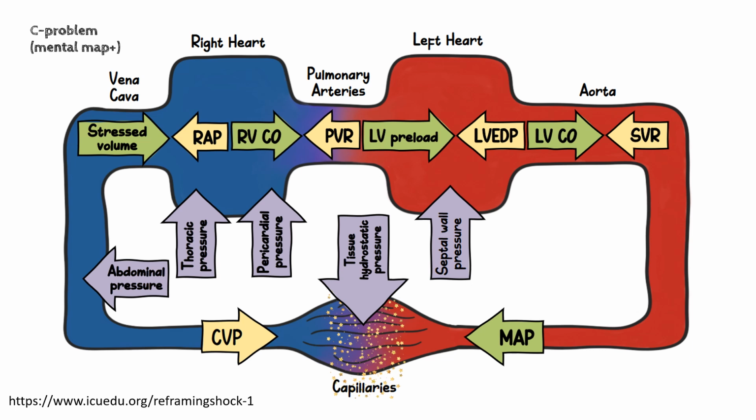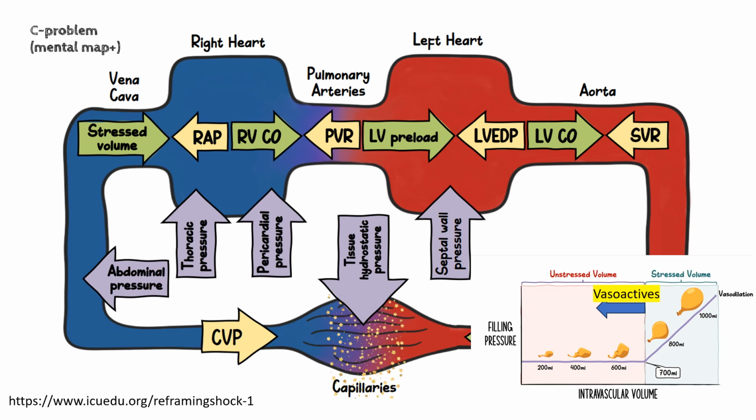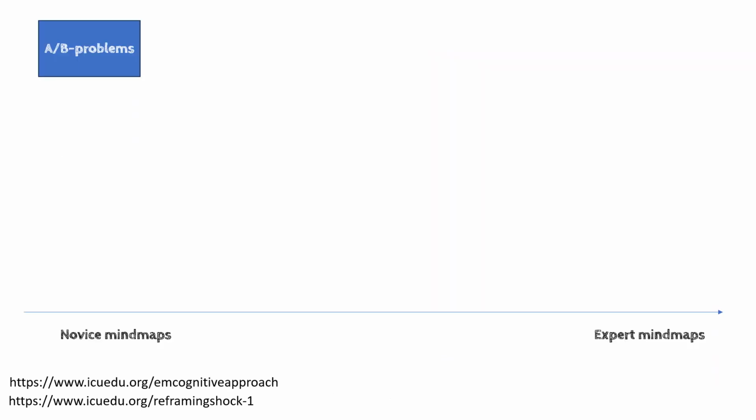There's a different way of thinking about shock, and not only thinking about the MAP, right? But check out Sarah Krager. She's a genius, I think. And check out her video if you want to know more about this specific mental map. Yeah, and she talks about the unstressed volume, and that we should get vasopressors early. But check out her lecture for that.